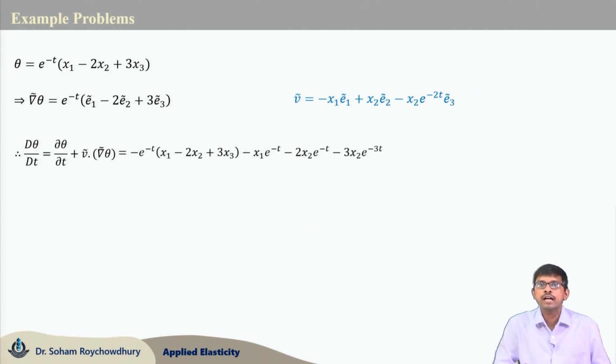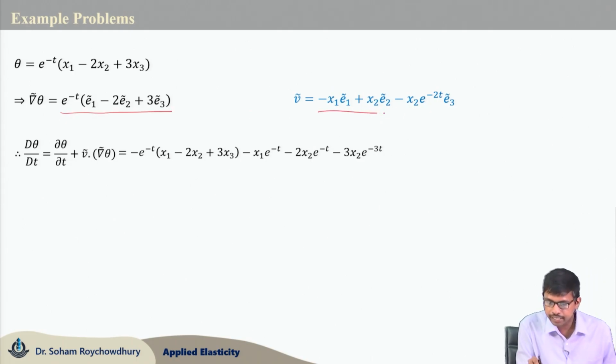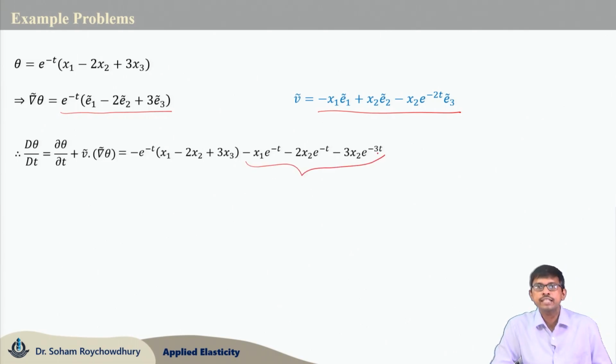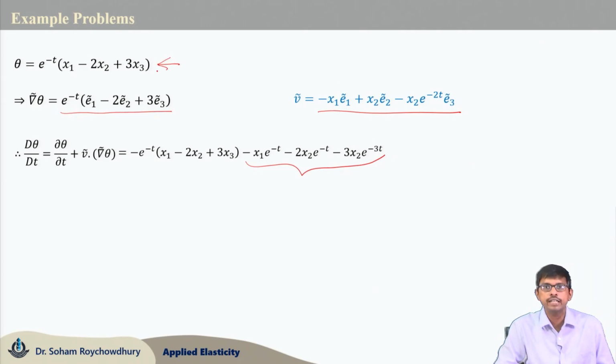Taking the dot product of this v with the obtained gradient of theta, which results in these three terms, which are the convective time derivative term. Whereas, for the given expression of theta, if you take the partial time derivative, that would result in del theta del t, the first set of terms which are called the local time derivative term.